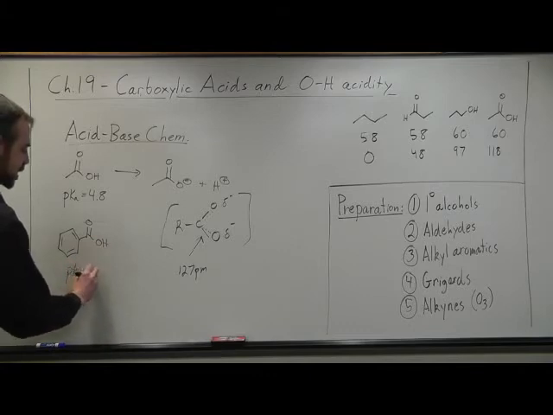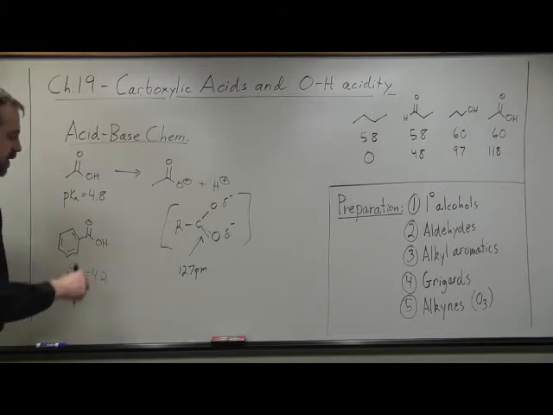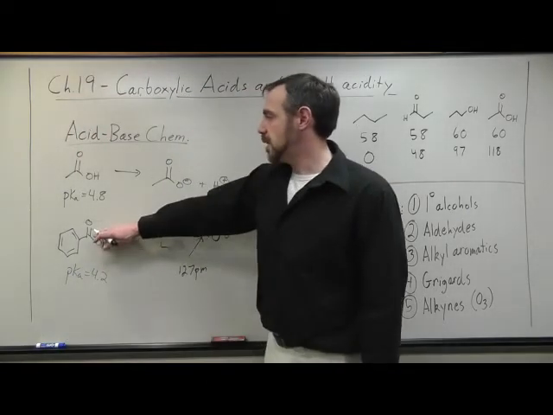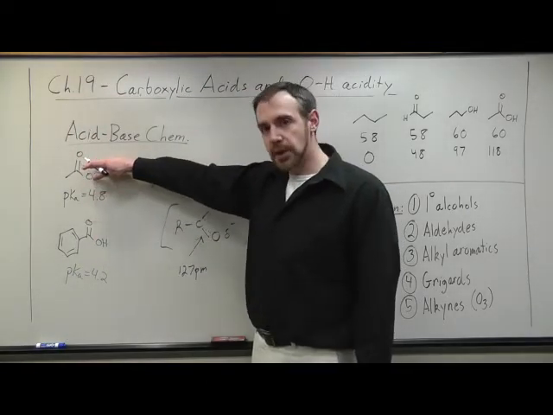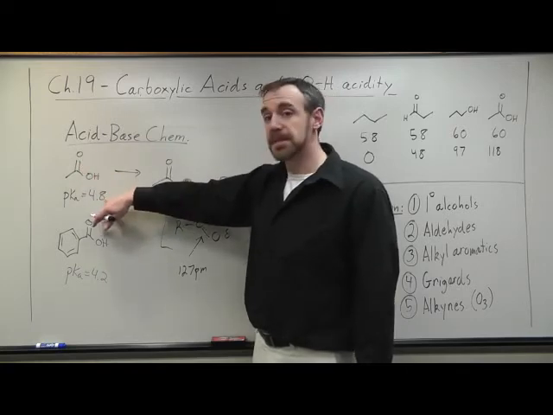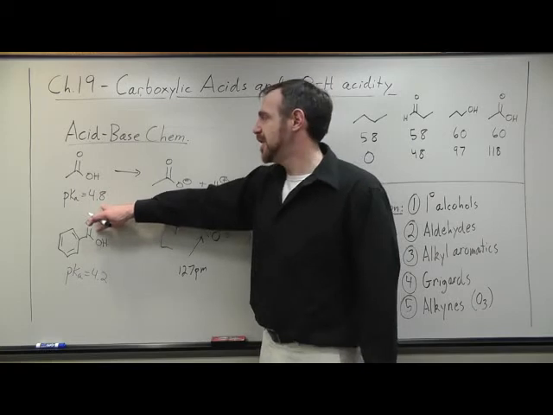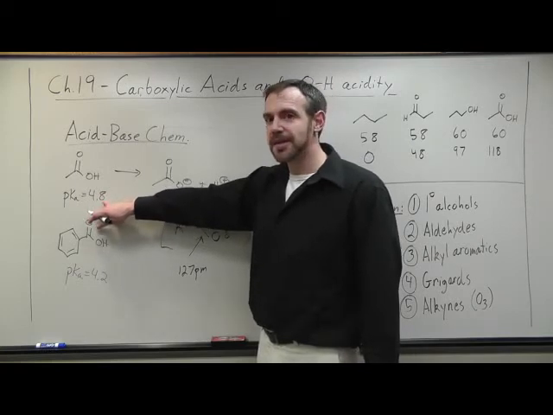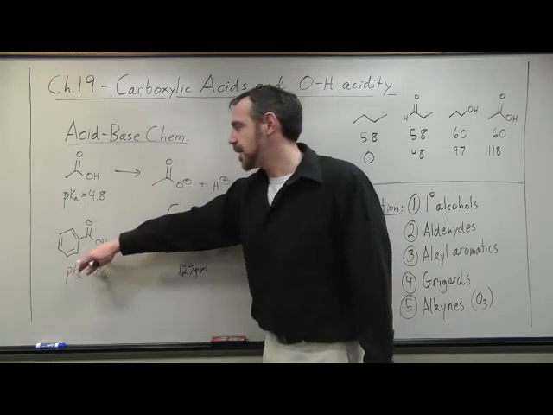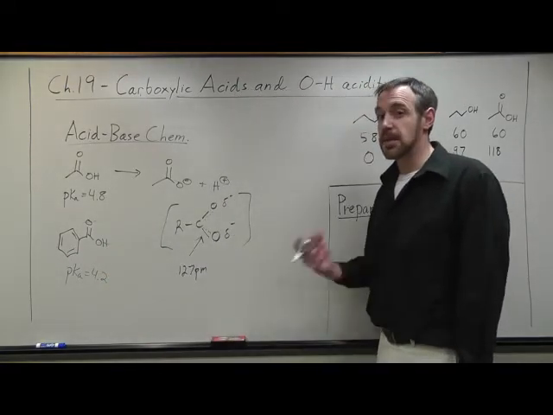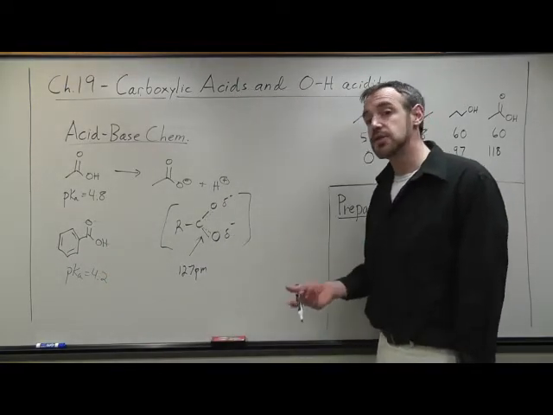A little more acidic is benzoic acid at 4.2. And so we'll use these for a normal alkyl carboxylic acid as a starting point for acidity. And if it's an aromatic carboxylic acid, we can use benzoic acid as a starting point for comparisons on substituent effects.